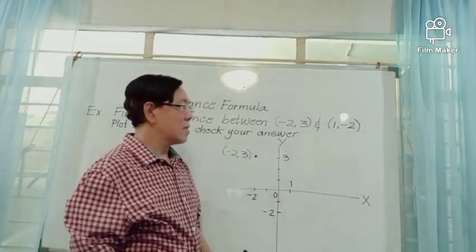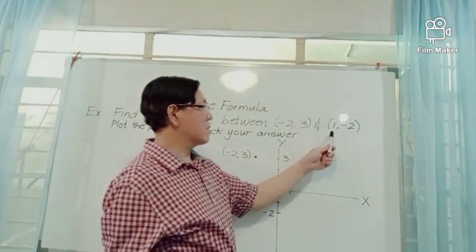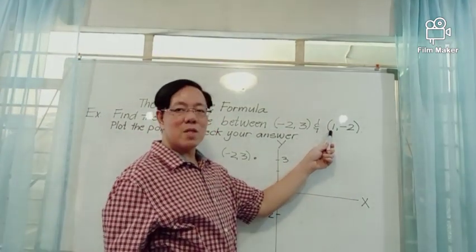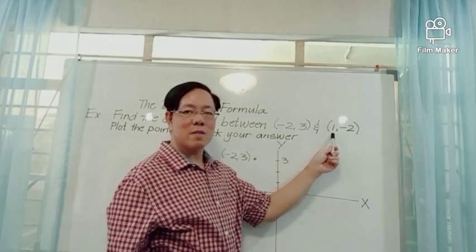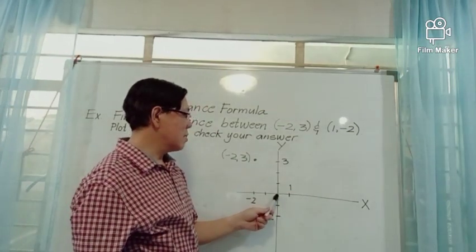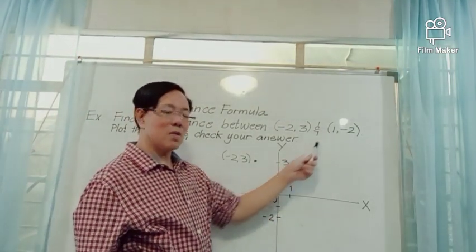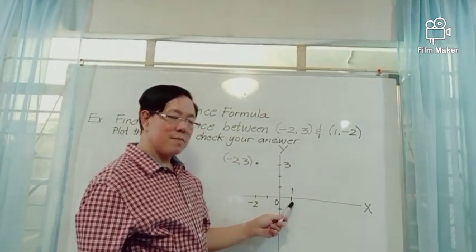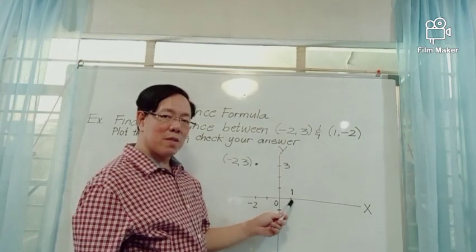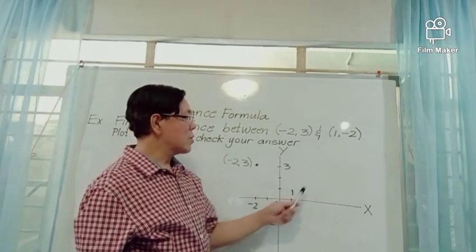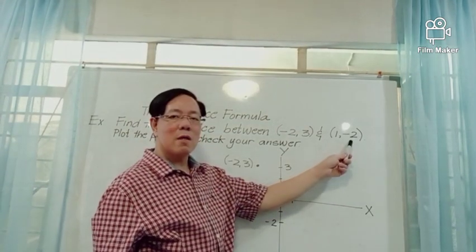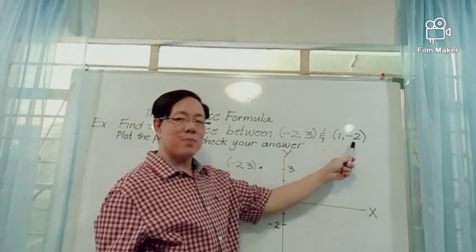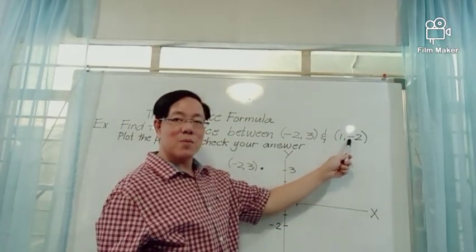Next, we plot the second point, 1, negative 2. To plot this point, you start with the abscissa, count 1 unit from the origin, and because it's positive 1, you count 1 unit from the origin to the right, and you arrive at this point. And from this point, you count 2 units downward, because the ordinate of the second point is negative 2.